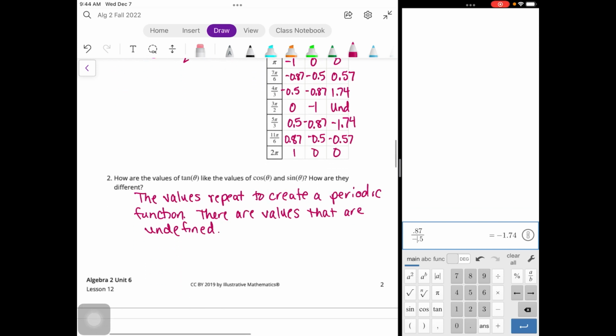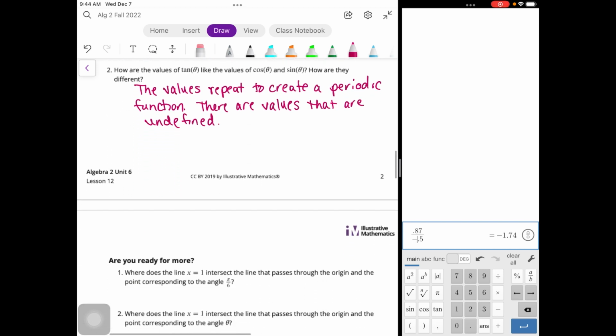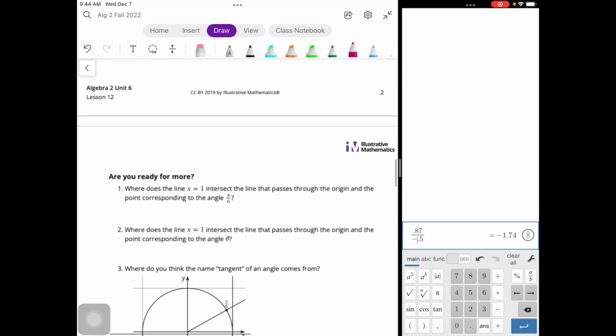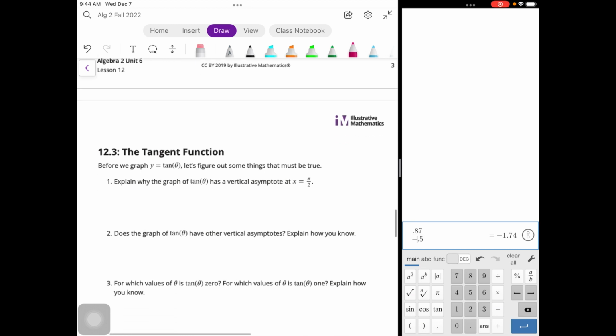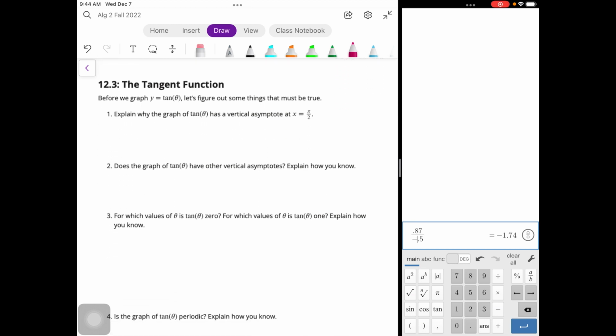All right, and then let's take a look at 12.3. We're not going to graph it just yet. We will take a look at the graph soon, but not yet. But we are going to figure some things out that might be true. So explain why the graph of tangent has a vertical asymptote at pi over 2.